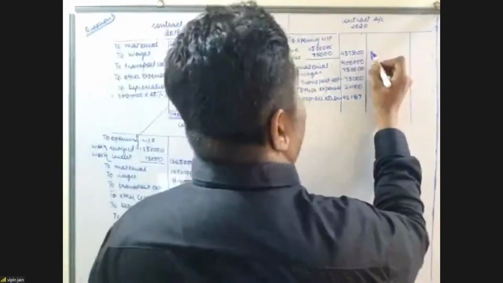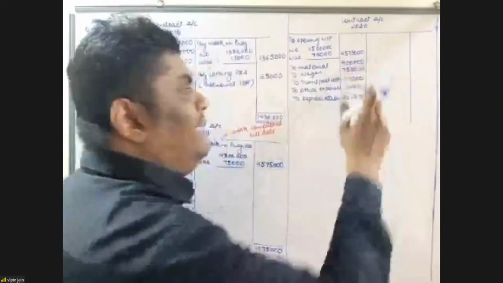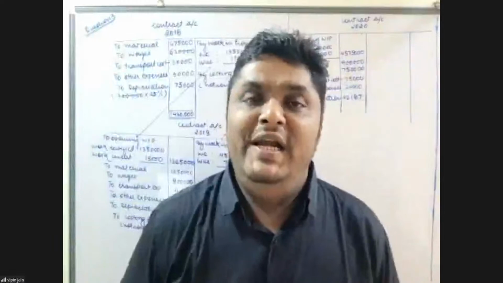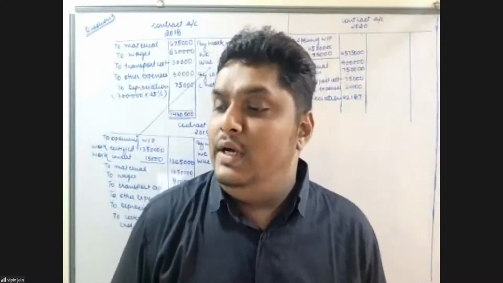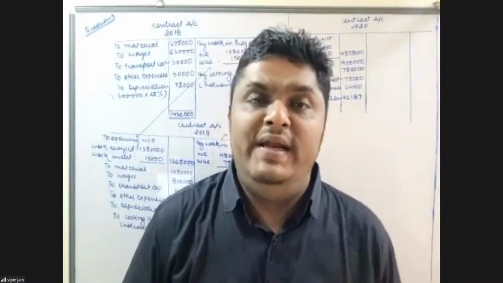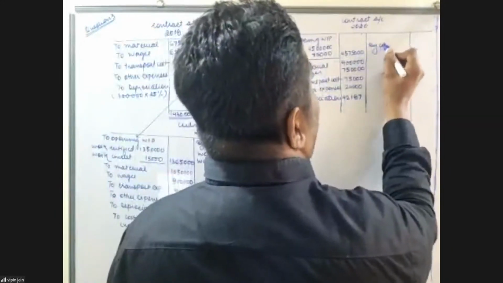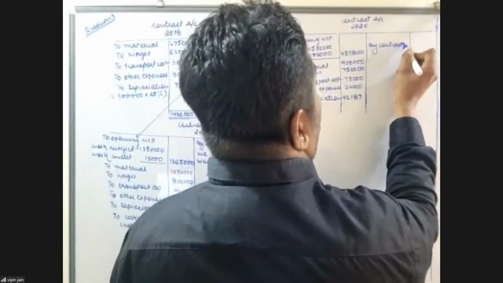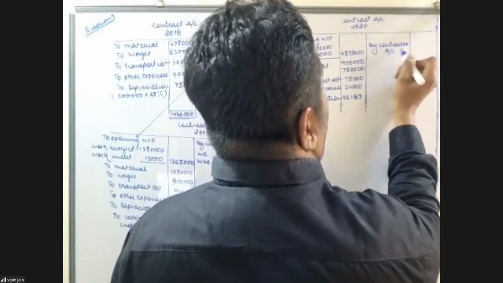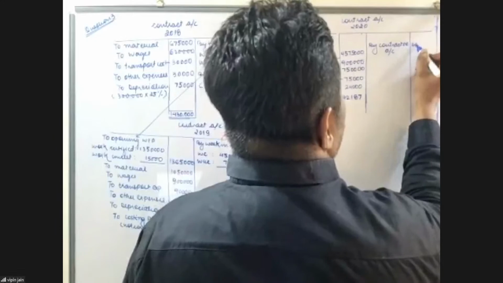Further, in this year, the contract is completed, so we will not write work in progress. I repeat again, guys, in the year 2020, the work is completed and certified, so we'll be directly writing by contractee account the full amount of the contract, that is 60 lakh.